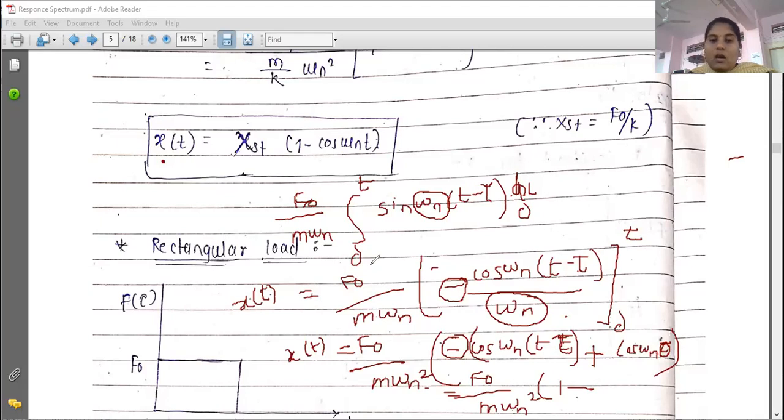Okay, madam. And that f naught upon m omega n square is taken outside. If we divide numerator and denominator by k, then f naught upon k, we have already seen in the last lecture, f naught by k is the x static value. I will show you once again.